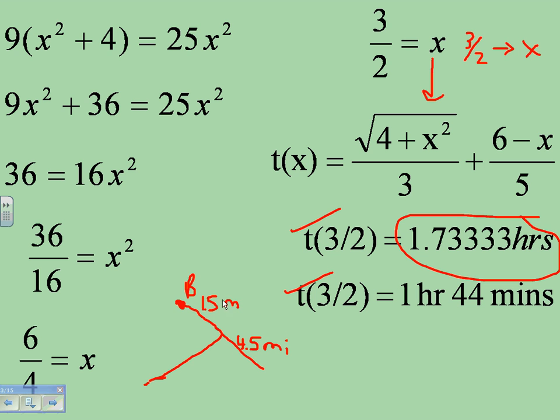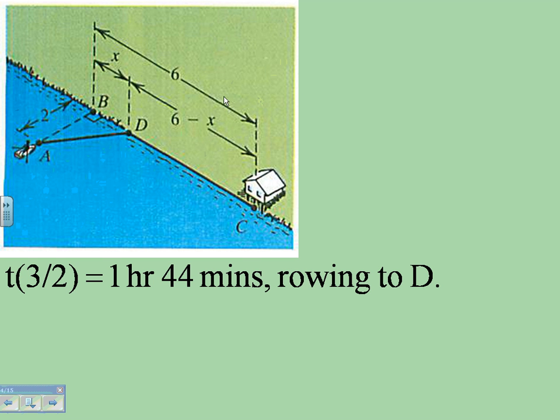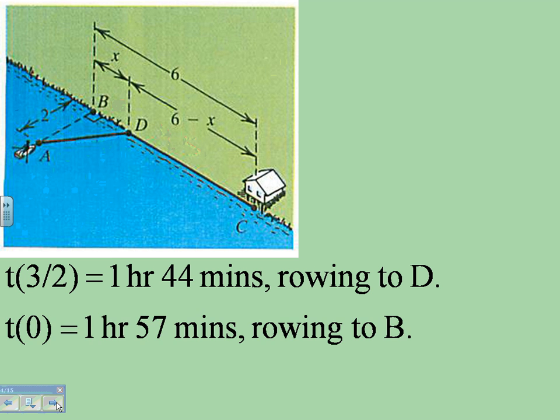That's exactly what it means. You went that far down on your point in your rowboat. And so you rowed to D. This is 1.5 right here. And this is 4.5 right here. And the whole trip, going that distance, is 1 hour and 44 minutes. 6 miles is pretty far, I guess. Okay.